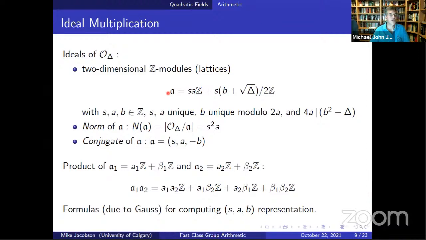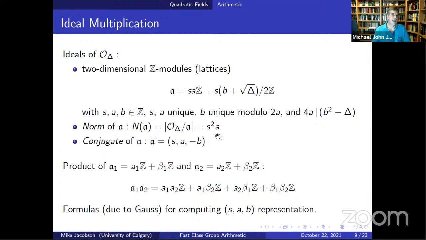Remember, the discriminant describes the field, and for a particular ideal inside the maximal order of that field, we just need integers S, A, and B, and that gives us the Z basis for that ideal. These integers have to obey certain properties. A is unique, B is uniquely defined modulo 2A, and we always have the divisibility property that 4A divides B squared minus delta.